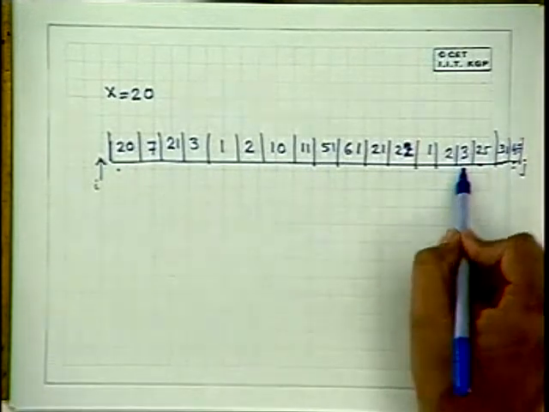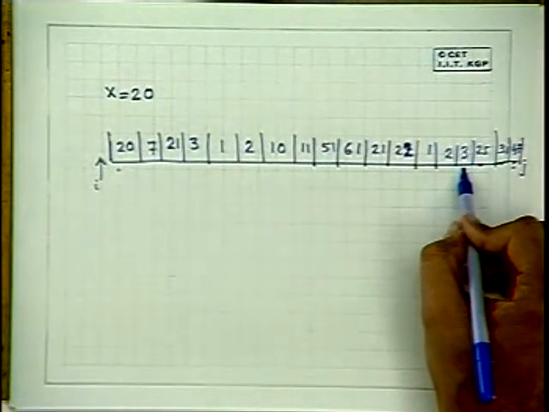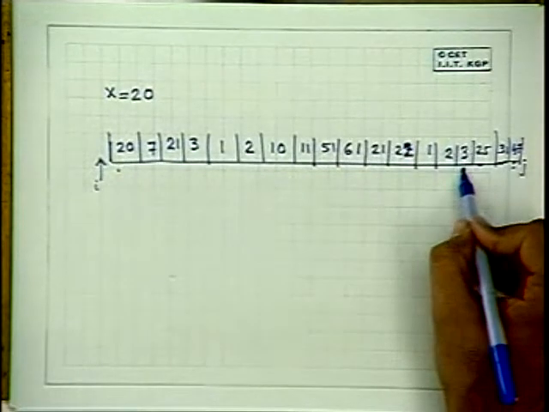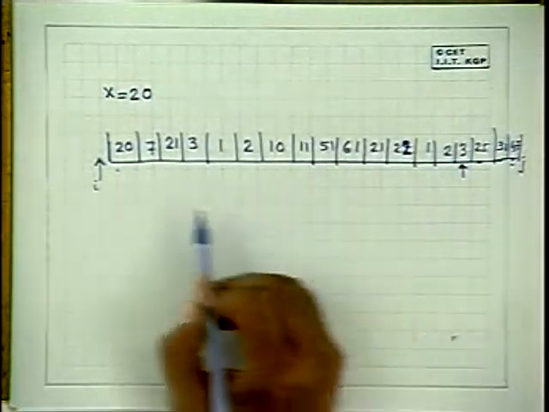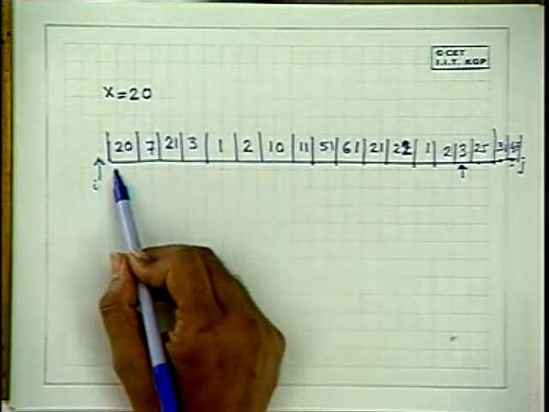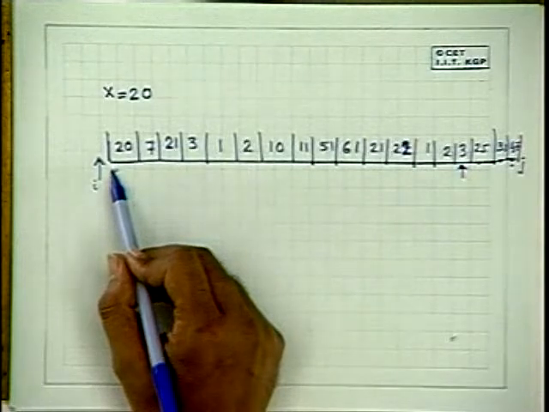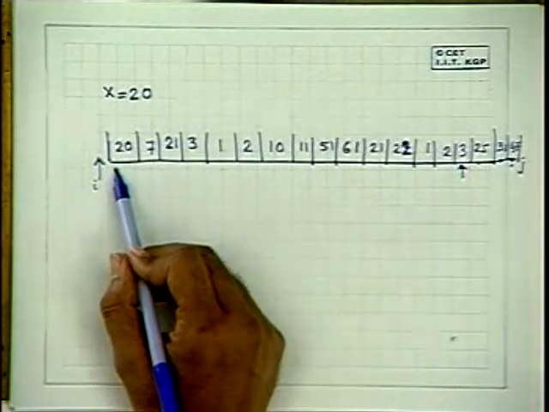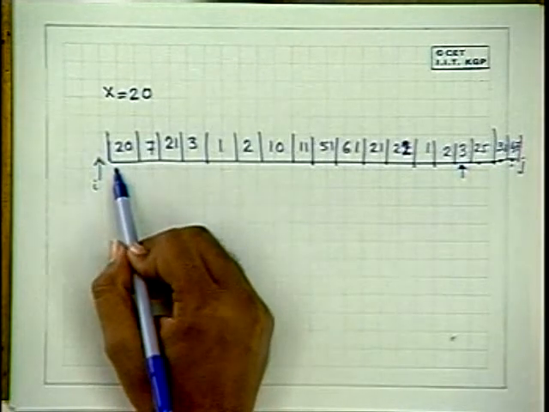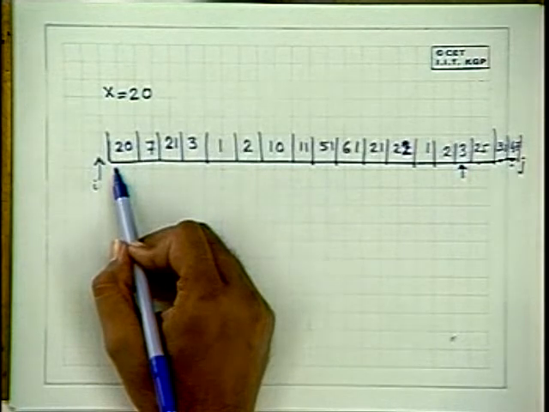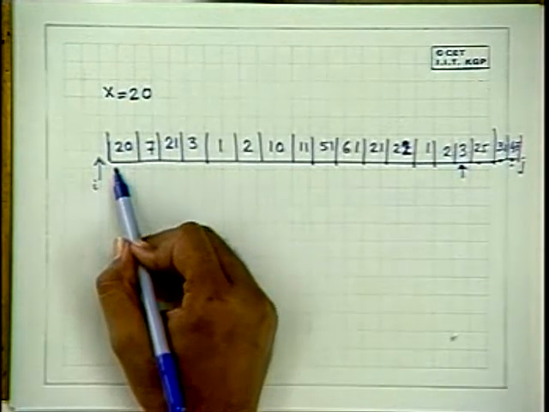It will stop here. 3 is not greater than or equal to 20. Now the next loop, I is equal to I plus 1, where will it stop? Not 21. 20 itself it will stop. 20 is greater than or equal to 20, it will stop here.